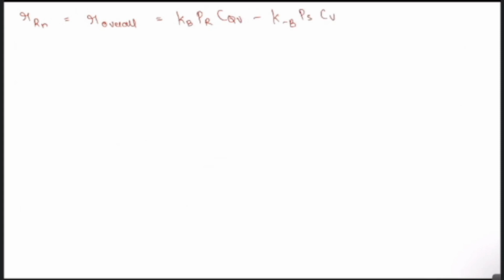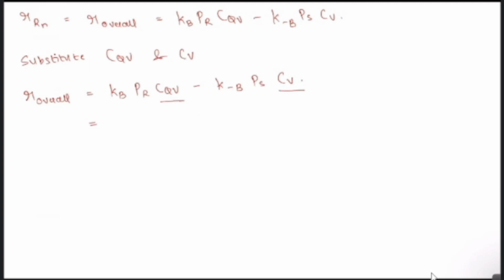So substituting for CQV and CV, R overall will be equal to Kb PR CQV minus K minus b PS into CV, and if we substitute for CQV and CV, we get Kb PR, CQV is Ka PQ into CV, minus K minus b PS into CV, and CV will be CT by 1 plus Ka into PQ.